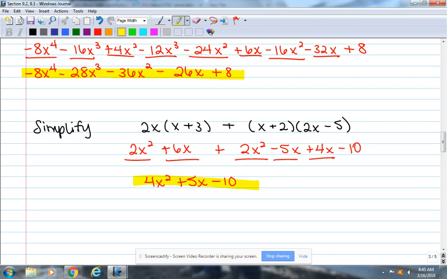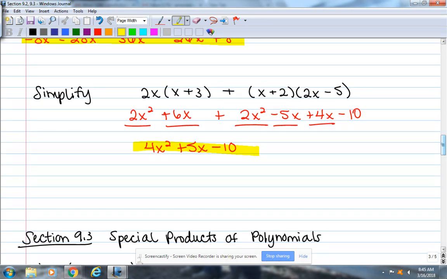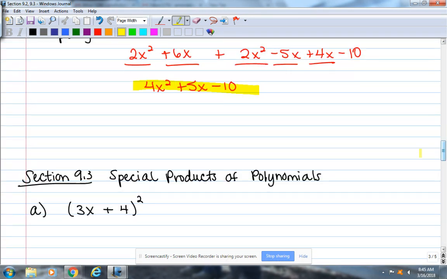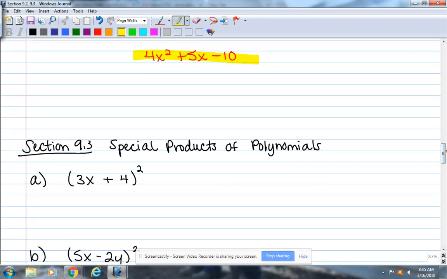And I believe that's the end of section 9.2. It is. So section 9.3 is really short. Section 9.3, and y'all can probably do this on like half a page. Not even kidding. Section 9.3 talks about special products.